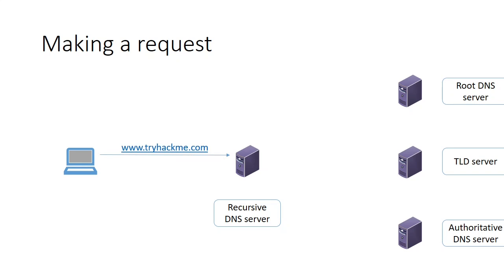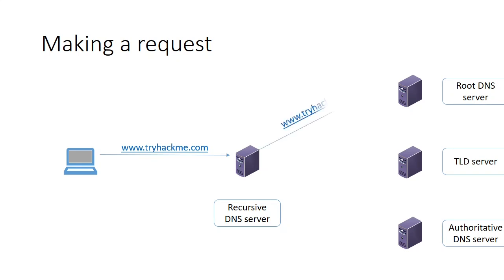The recursive DNS server can be provided by your ISP, or you can also choose your own. This server also has a local cache, and if it's in its cache, it will send back the answer. But if it's not, it will look it up. So how would it look it up?